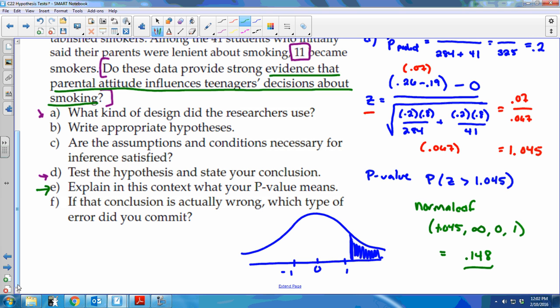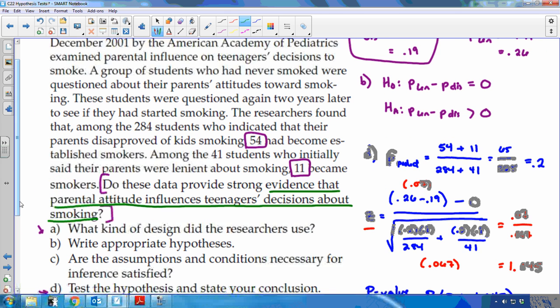Those are whatever you have in your hypotheses. I did lenient parents minus disapproving parents. Whichever one you decide. I did lenient parents minus disapproving parents, so I had to do lenient minus disapproving. Right. So if you had done this a different way, it's fine. You could do in the very beginning, P of disapproving parents minus P of lenient parents equals 0. You would change the alternative to less than 0.